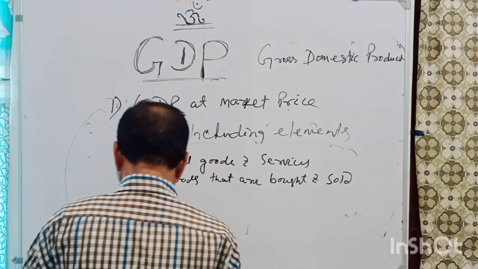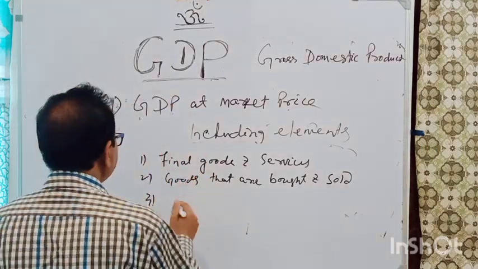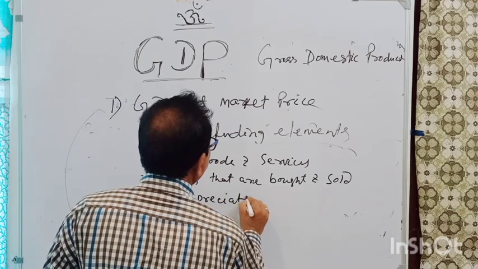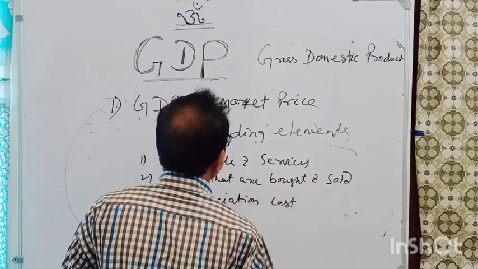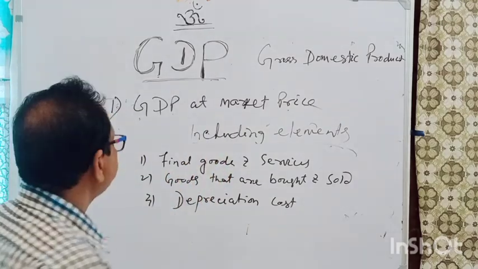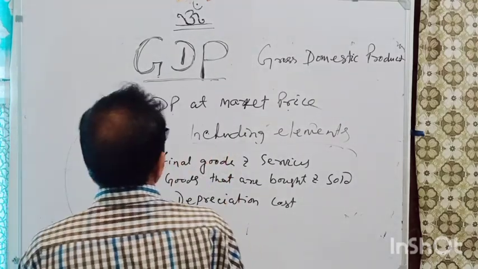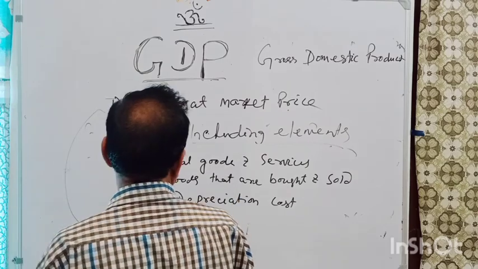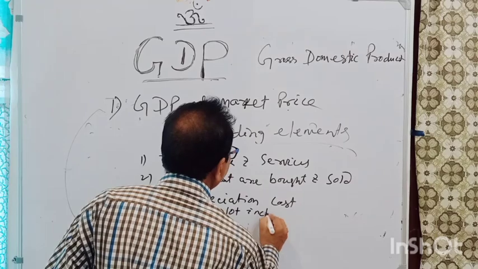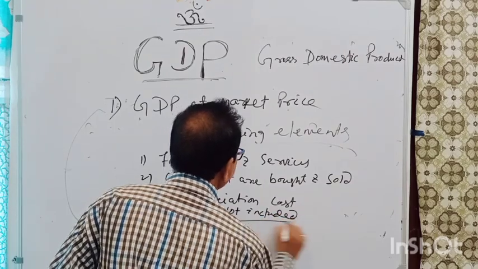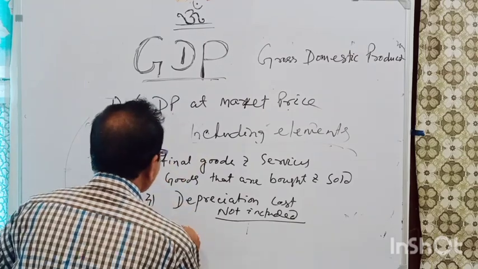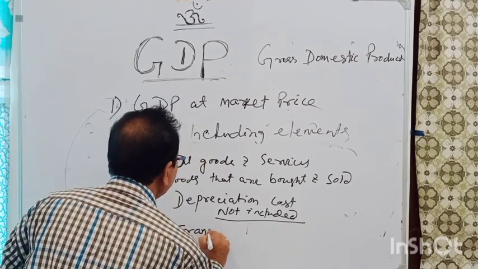Third one, depreciation cost. Which elements are not included? First one is transfer earning.